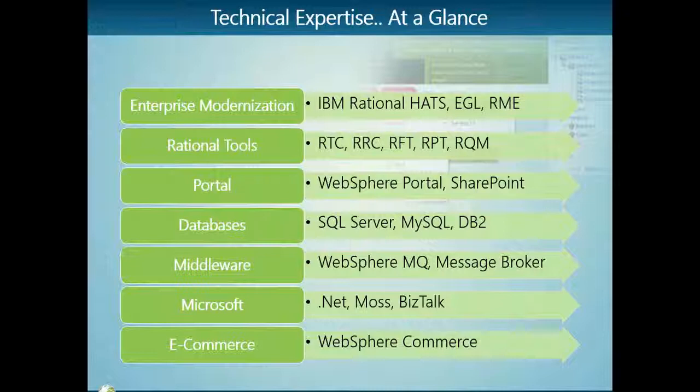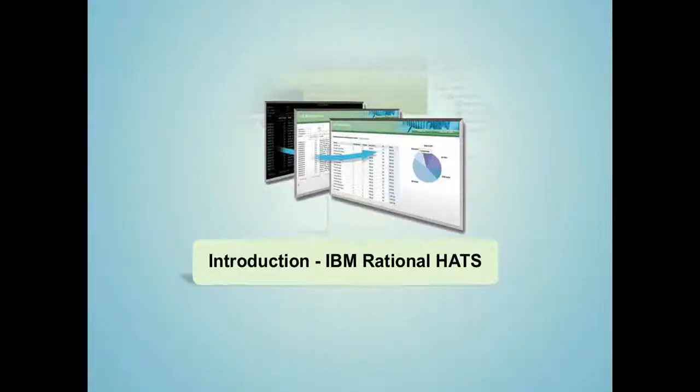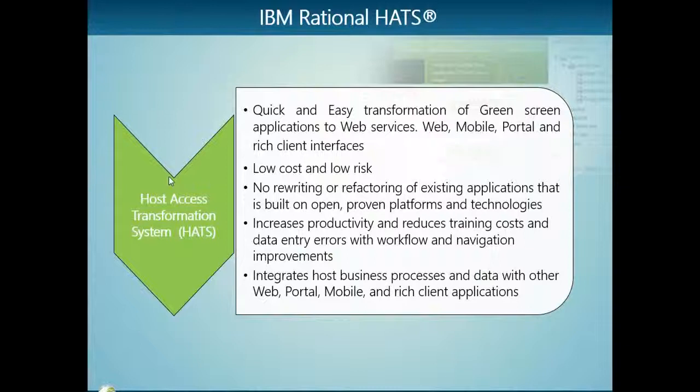Now we will discuss IBM Rational Host Access Transformation Services, or HATS, briefly. Rational HATS is a premier IBM product suite that is inarguably the best tool for presenting old green screen applications built on legacy servers like IBM i and IBM Z in a modernized manner, very rapidly and efficiently.